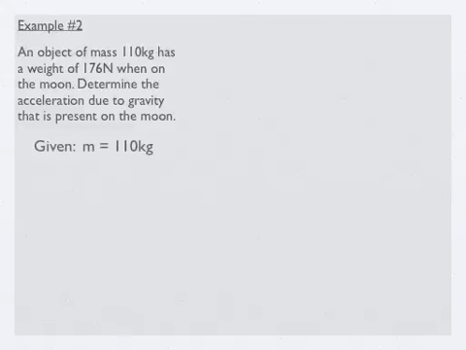So, again, same steps as always. We'll go through our GUESS method: given, mass, and then our weight. From there, we'll set our unknown to be the acceleration due to gravity on the moon, or little g. We could actually note that with little g subscript m, if you'd like, for acceleration due to gravity on the moon.